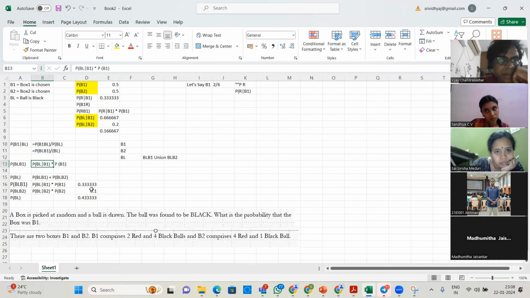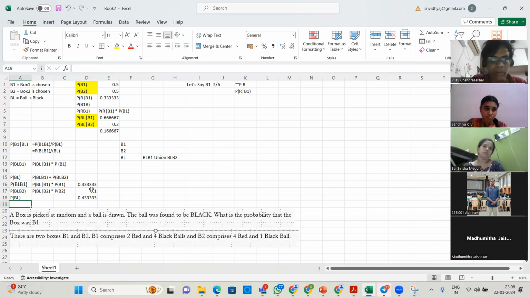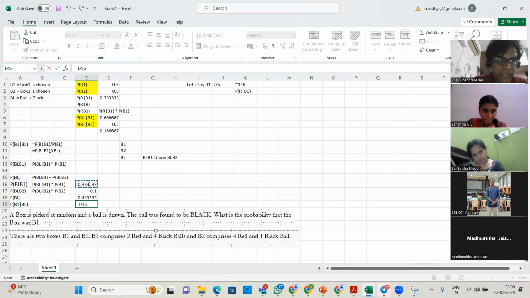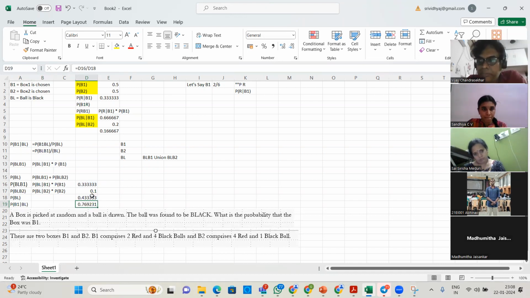All right. So what do we need to calculate? We need to calculate this, B1 given BL, which we have figured out to be this. We already know BL, and then BL B1, we've already calculated it to be this. So don't you see probability of B1 given BL would simply be this number divided by this number, 0.769231.